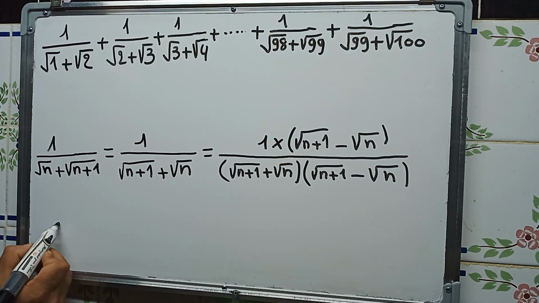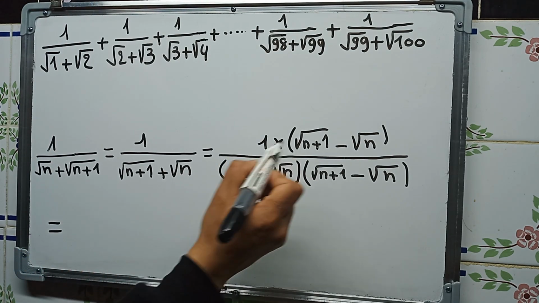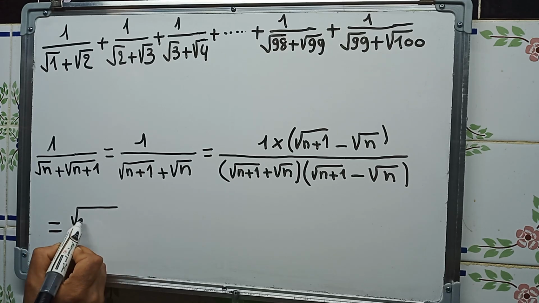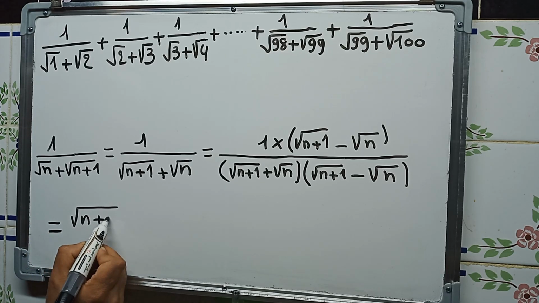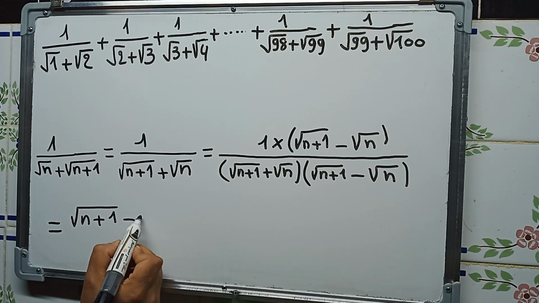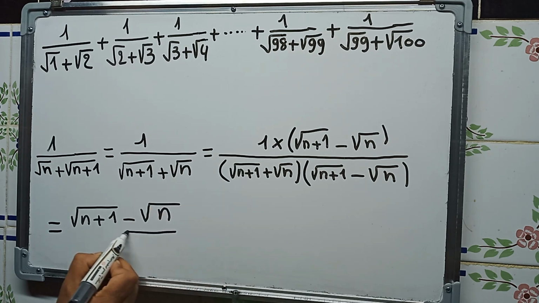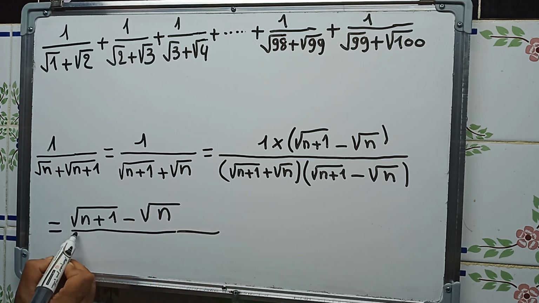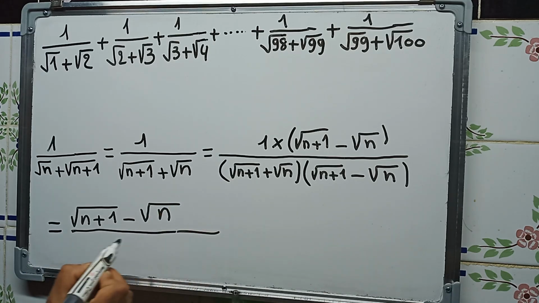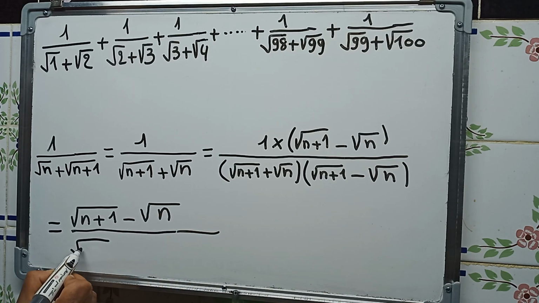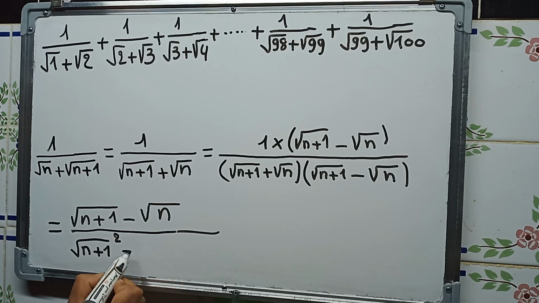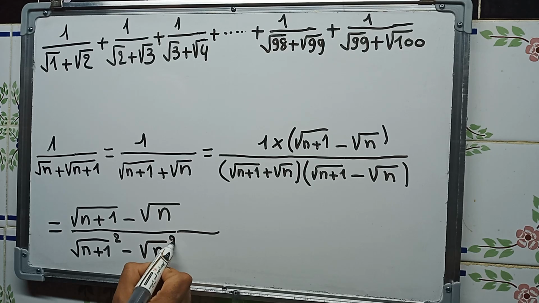So it's equal to, here just square root of n plus 1 minus square root of n, and in the denominator we will have a special product which is square root of n plus 1 squared minus square root of n squared.